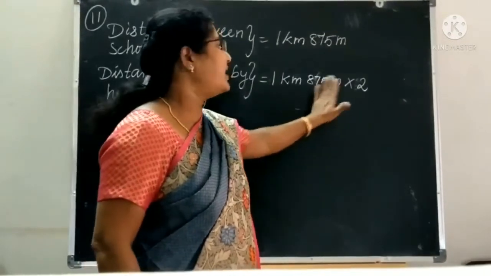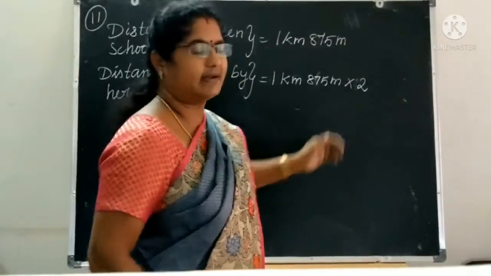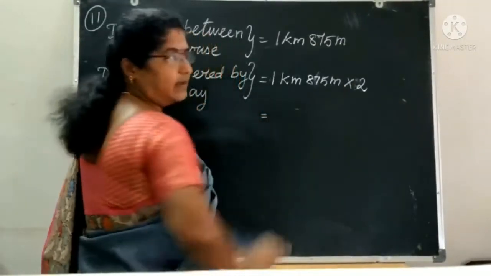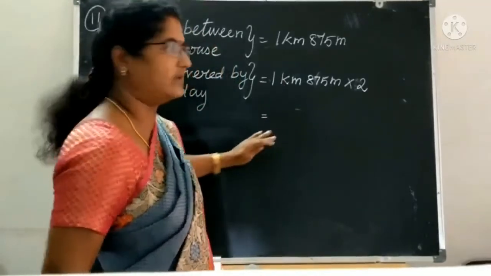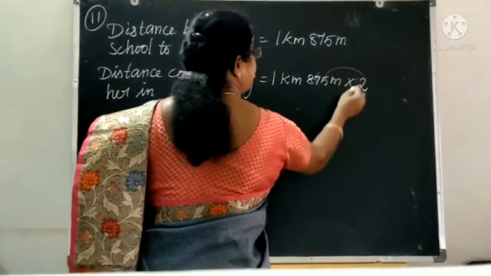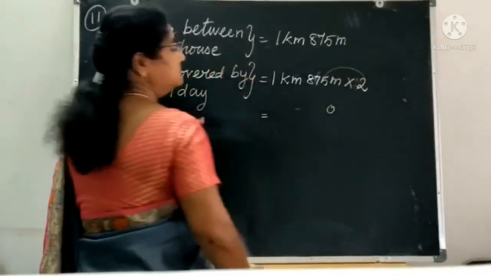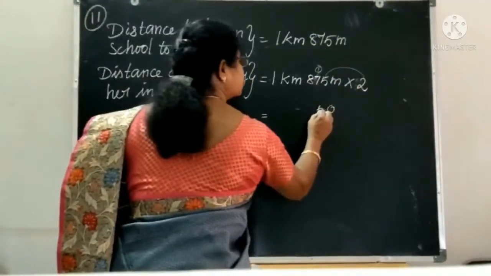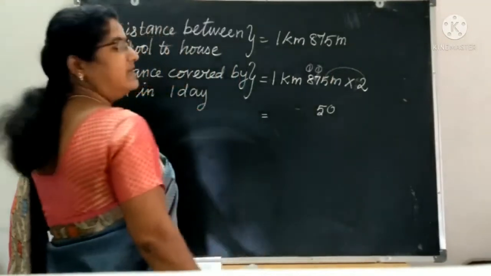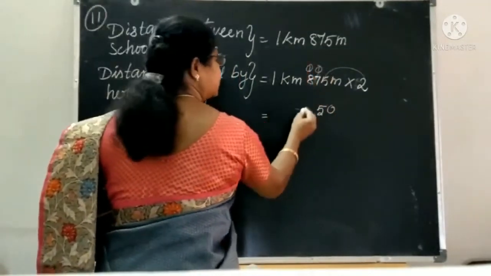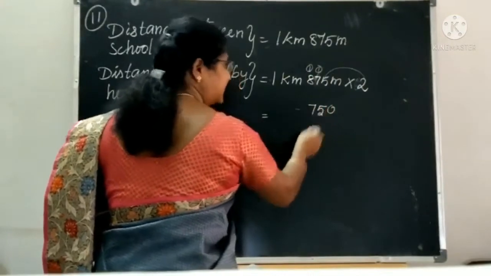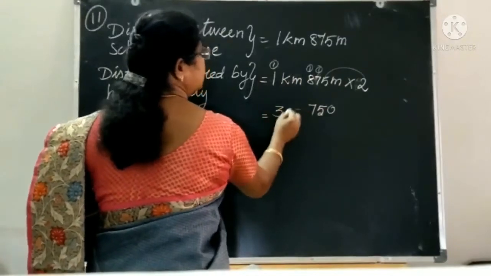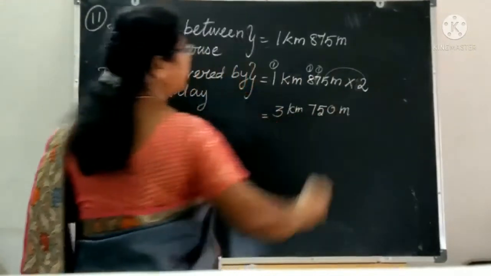Here we multiply by a number, so no need. Meter stays in the meter place and kilometer in the kilometer place. 2 5s are 10, balance 1. 7 2s are 14, 14 plus 1, 15, balance 1. 8 2s are 16, 16 plus 1, 17, carrying over. 1 2 is 2, 2 plus 1, 3. So 3 kilometer 750 meter.